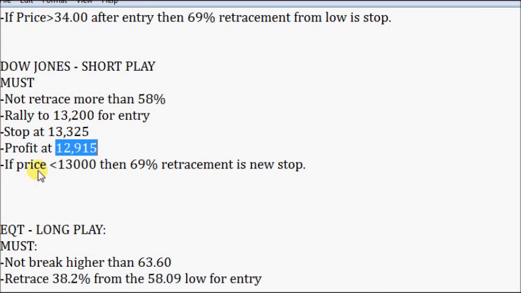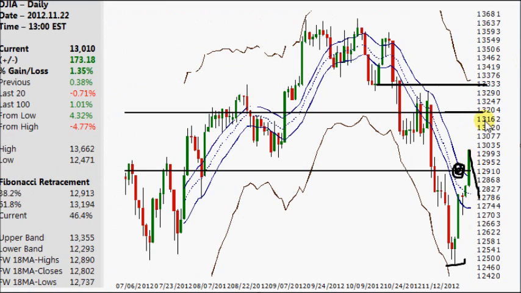If the price gets less than 13,000 after your entry, then the 69% retracement would be the new stop. What that means is you come in here, it's starting to go down, so now it's below 13,000. Once it rallies 69% from whatever this high would be and whatever this low would be, that's your exit point.